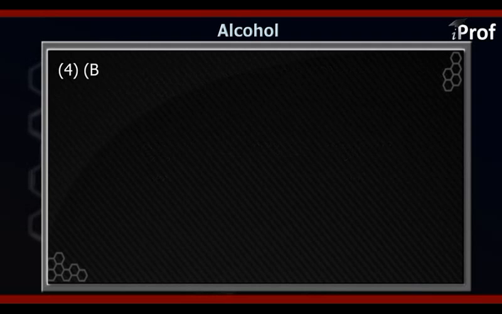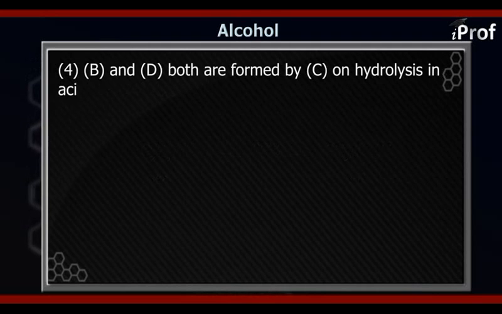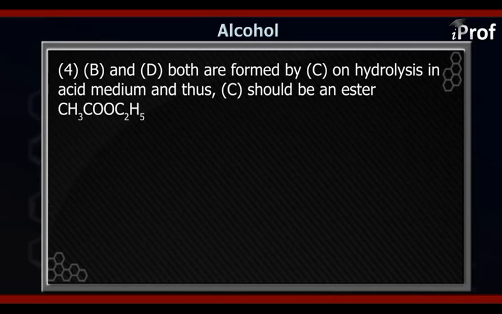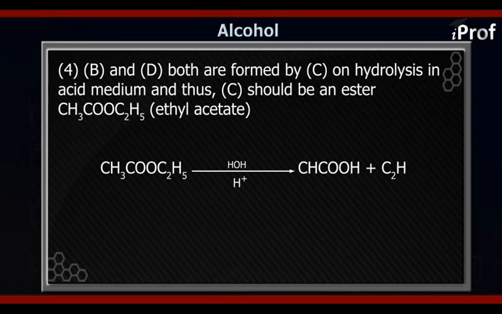Now another point which we can make out over here is that B and D both are formed by C on hydrolysis in acidic medium, and thus C should be an ester.